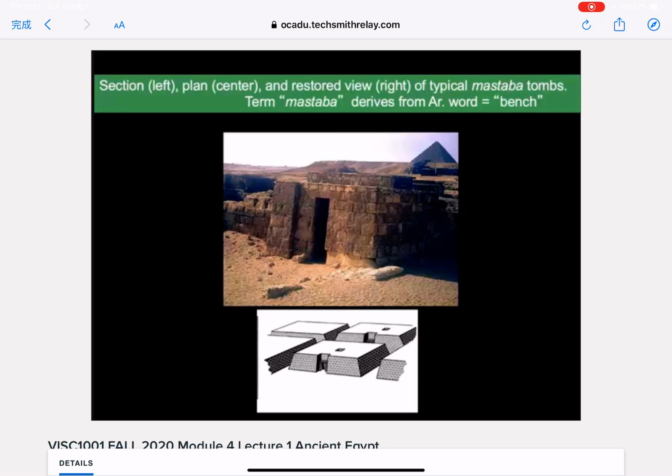The mastaba refers to a rectangular tomb made of stone or mud-baked brick with sloping sides, erected above an underground chamber. The mastaba is the tomb of one single individual, usually, and the mastaba has an above ground and an underground component.